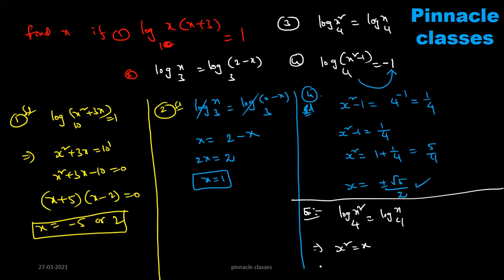Here x square is with x, so x is equal to 0, 1. But x is equal to 0 means undefined. Therefore, what is the answer? 1. So like that we should approach.